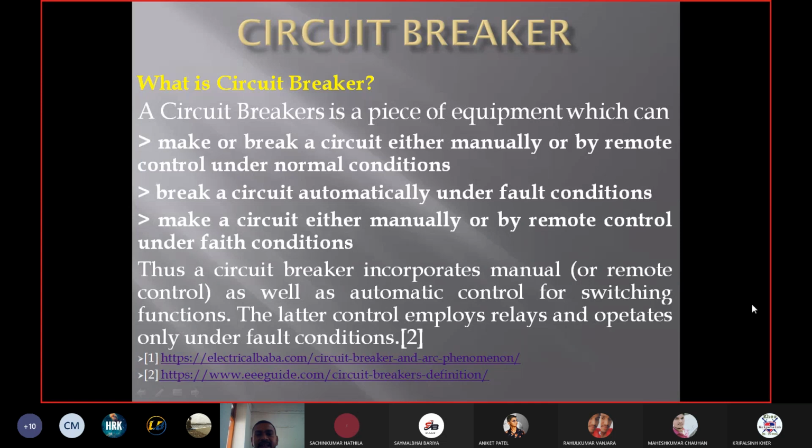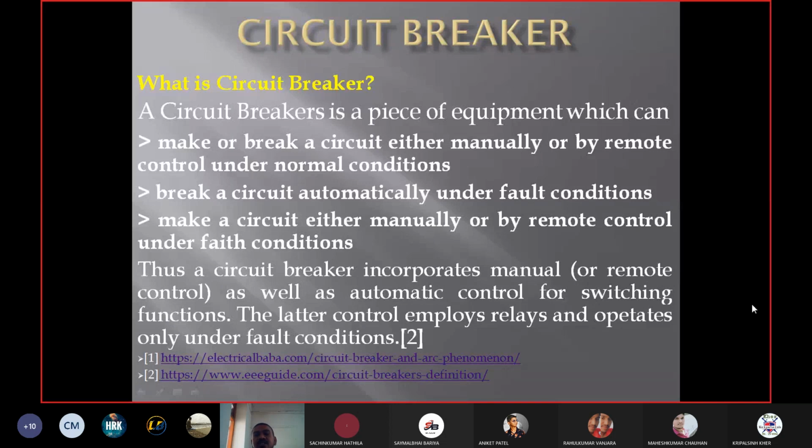It breaks a circuit automatically under faulty conditions. First, it can make or break the circuit under normal conditions. Second, it breaks a circuit automatically under faulty condition. Third, it can make a circuit either manually or by remote control under normal conditions. So a circuit breaker incorporates manual or remote control as well as automatic control for switching functions.